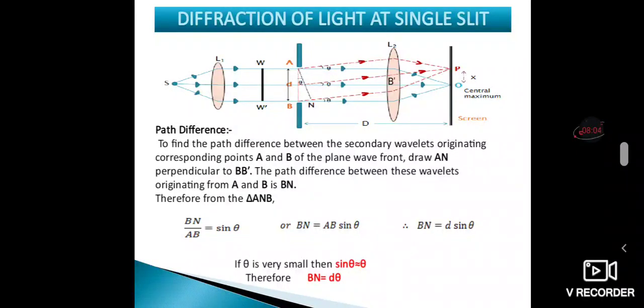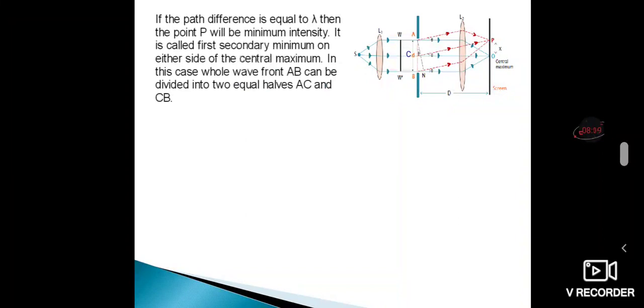So whatever the path difference is, BN is equal to d theta. Suppose the path difference is equal to lambda, that is, if you consider BN as lambda, then our point P will be at a minimum intensity. How it will be minimum intensity, we can observe here.